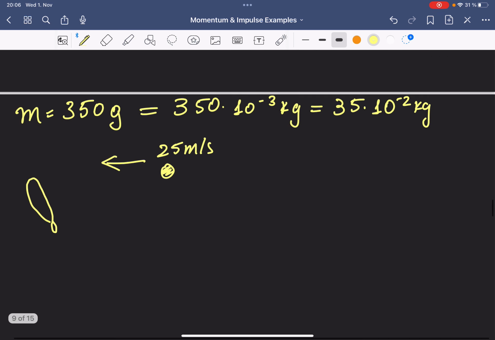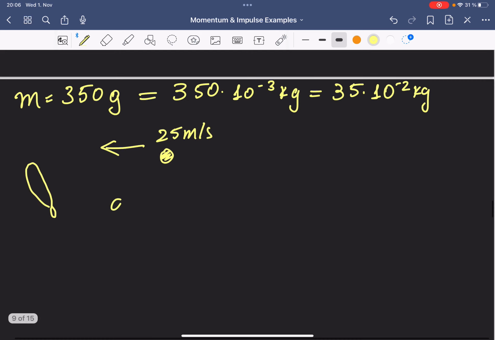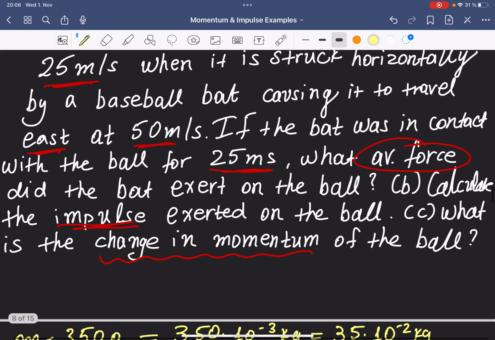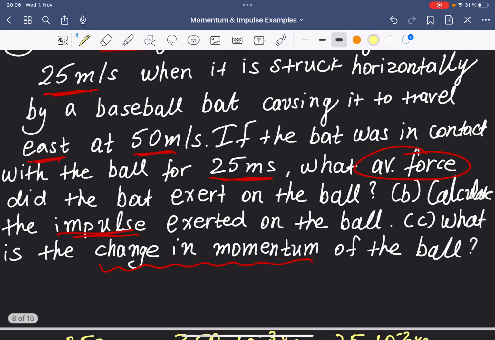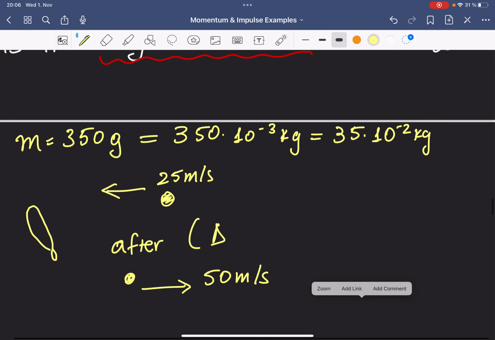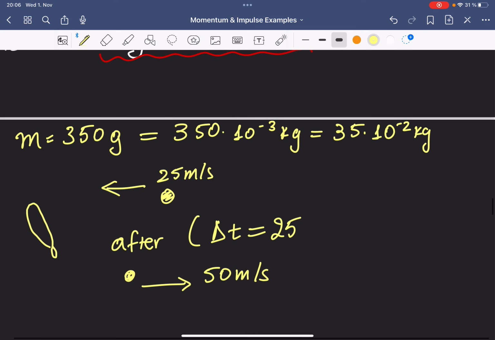And then once the impact happens with the bat, the ball is going to move in this direction with 50 meters per second. West and east. And this contact time, this delta T, was 25 milliseconds. In other words, 25 times 10 to the minus 3 seconds.